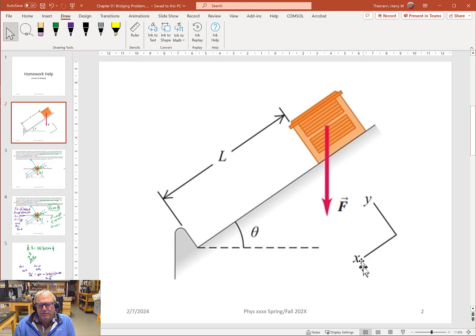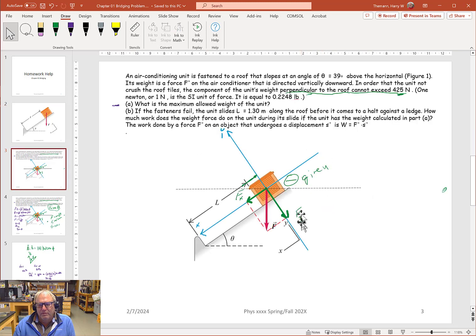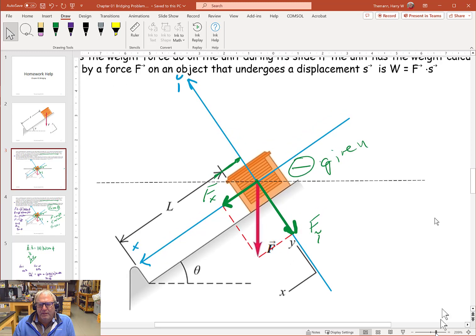So basically, the solution is to draw your X and Y axes, that's the blue lines, and put it right at the tail of the F vector. Because at the end of the day, this is a vector component problem.